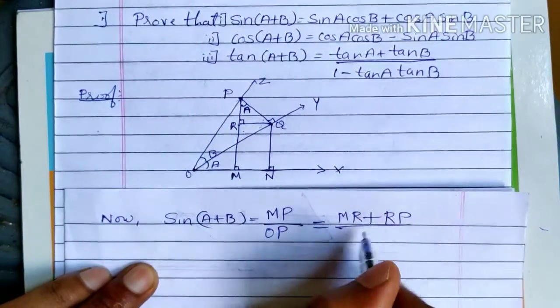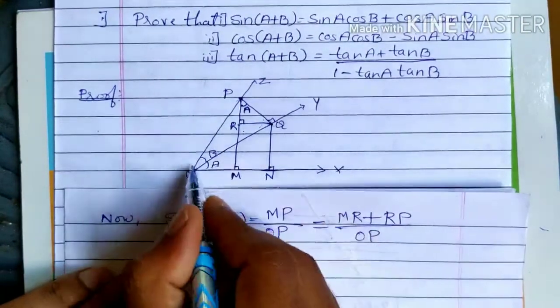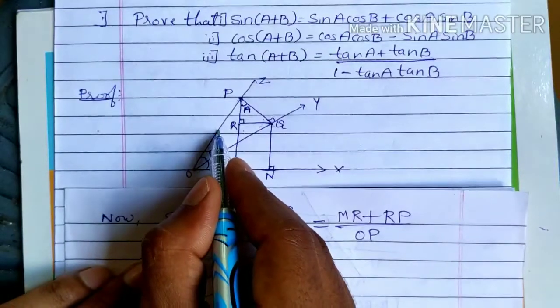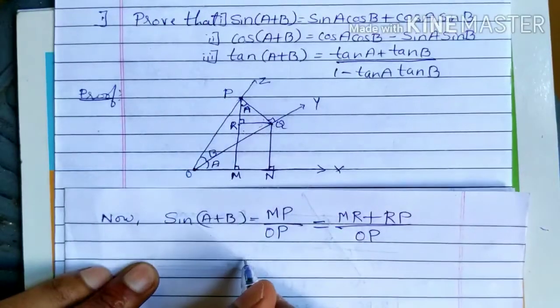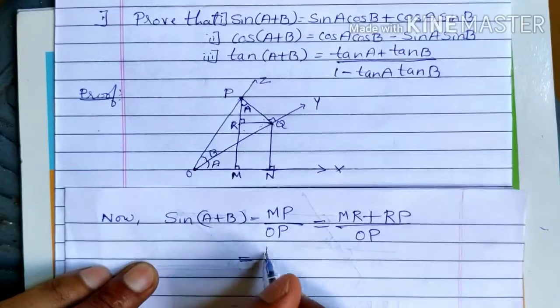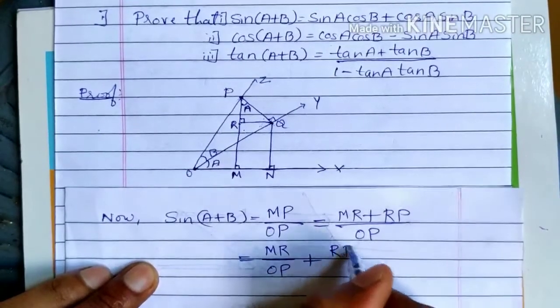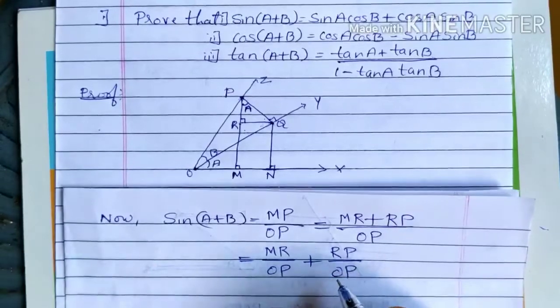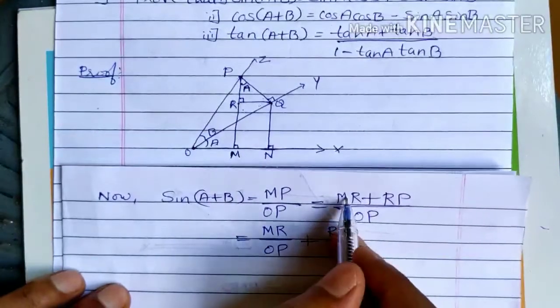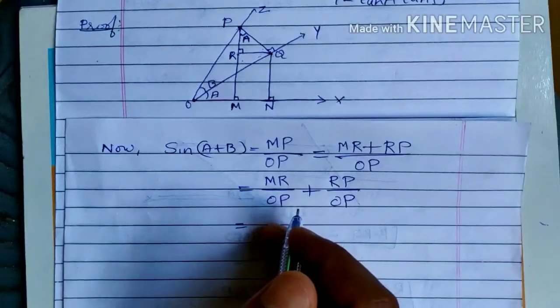And divide by OP as it is. I cannot divide because there is no point here. So that is equal to MR divided by OP plus RP divided by OP. So separating terms, dividing each term by OP.